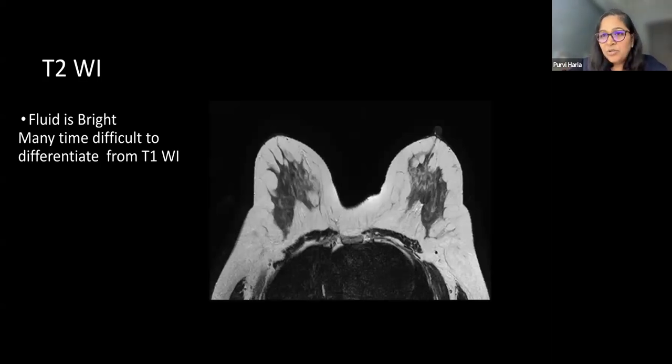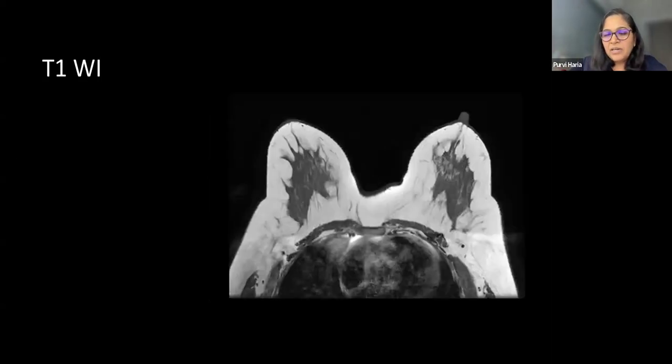So fluid is bright on T2, and fluid is iso-intense on T1. So this is T1, where the fat is bright, same as T2 where fat is bright, and the fibroglandular parenchyma intensity is the same as that of the skeletal muscle.